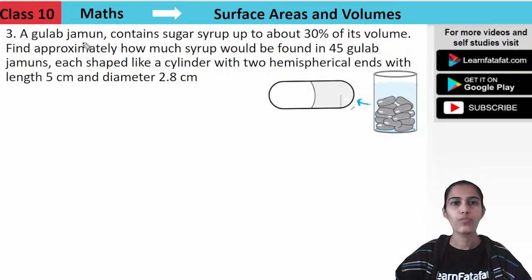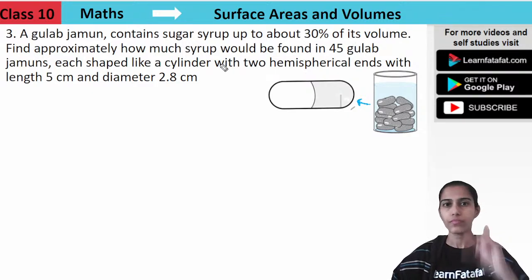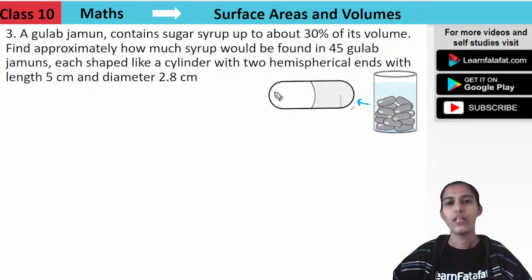Let's start. A gulab jamun contains sugar syrup up to about 30% of its volume. एक gulab jamun में. So if I've drawn here this one gulab jamun, this has sugar syrup, how much? Up to 30% of its volume.